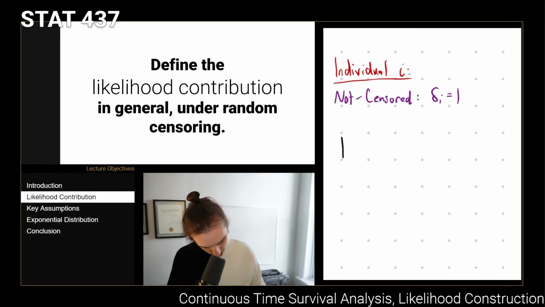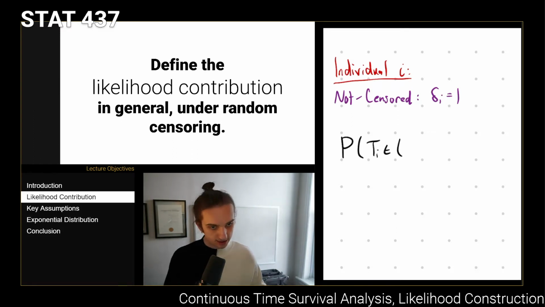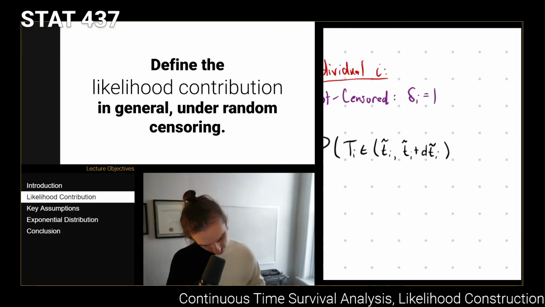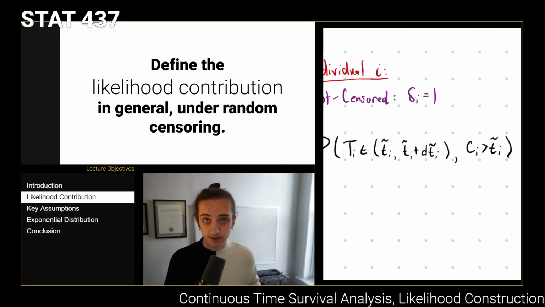The contribution is going to be the probability that T_i is in some interval. I'll expand on what this means, but I'm going to write it as T_i being in the interval from t tilde to t tilde plus dt tilde. Jointly with that, we also need to observe that C_i is greater than t tilde_i.